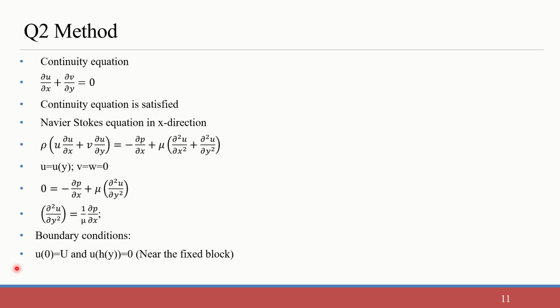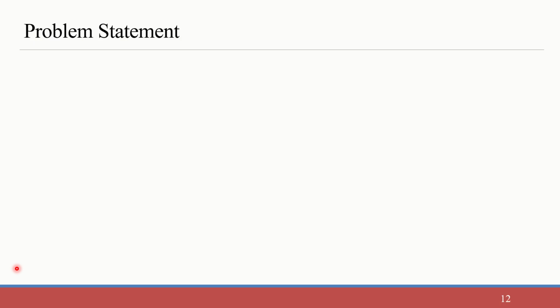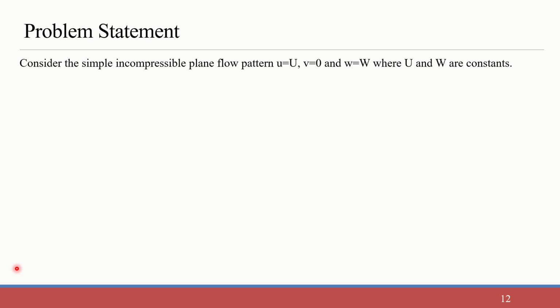Now we will go to question 3. Before moving to question 3, we have a problem statement based on which we will have subsequent problems. It is just a single statement. Consider this simple incompressible plane flow pattern: u equal to capital U, v equal to 0, w equal to capital W, where capital U and capital W are constants.